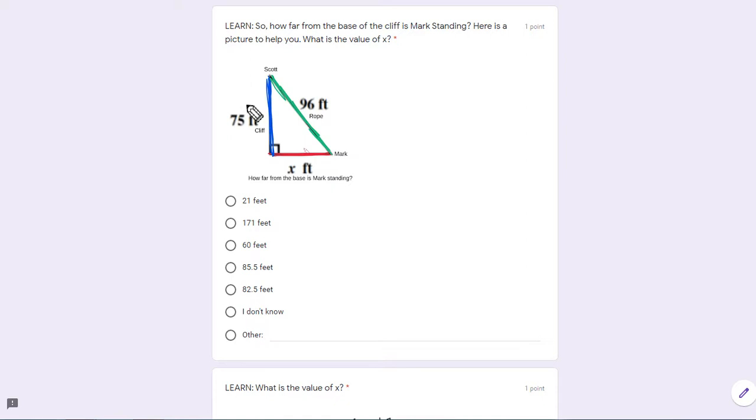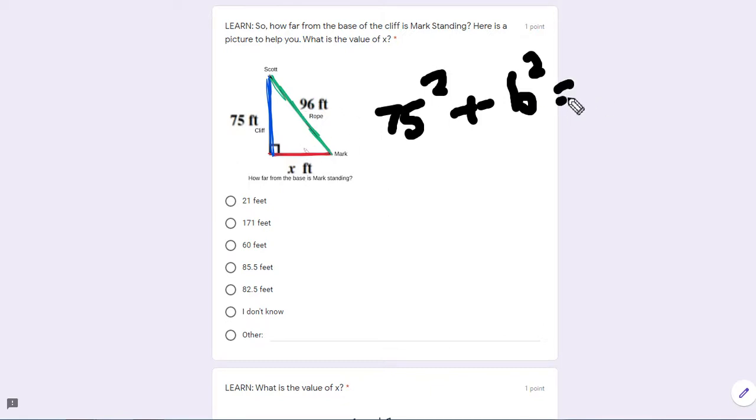Okay, so we want to do 75 squared, plus, well, we know that that's our b squared, and it equals our c squared, which is going to be 96 squared. Let me change the size of that. Okay, regular pen.